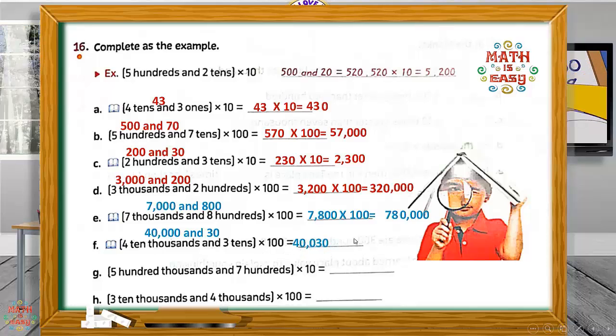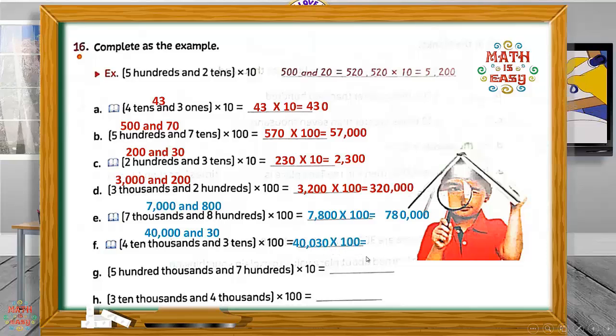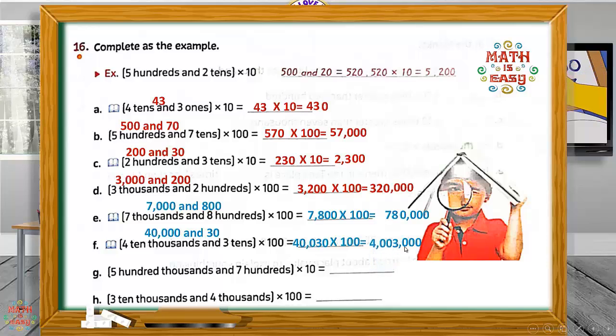Multiplied by 100. Here how many zeros do I have? 1, 2, 3. 3 zeros out. And 1 times 4, 0, 0, 3. Write 4,003.